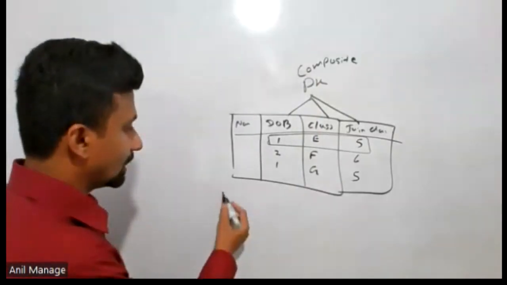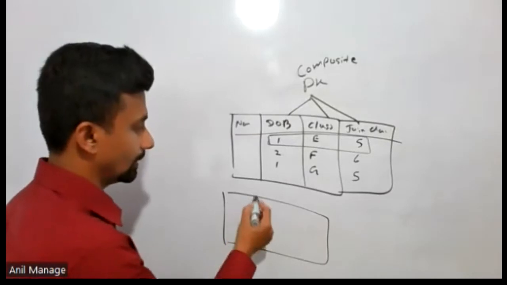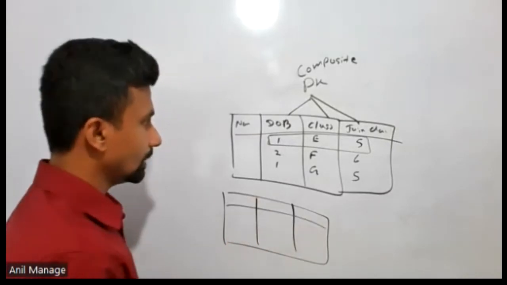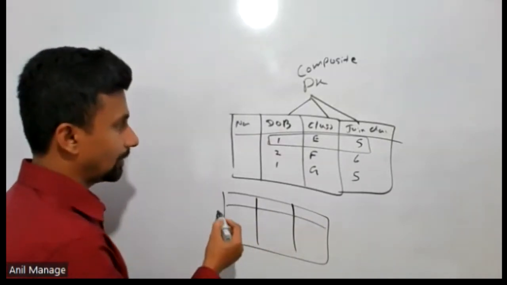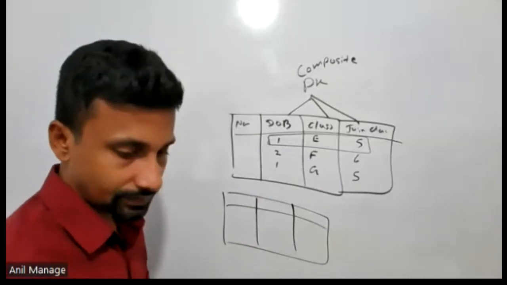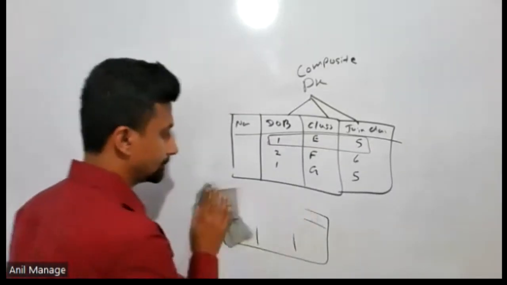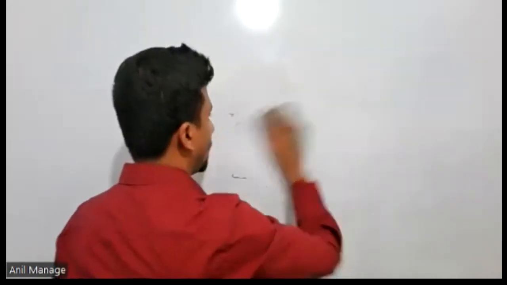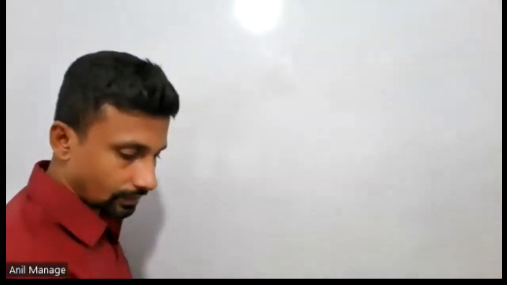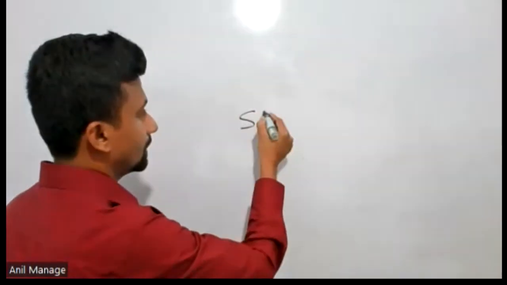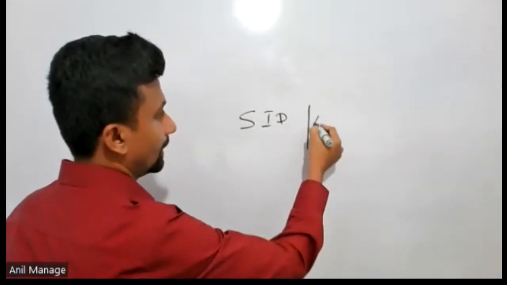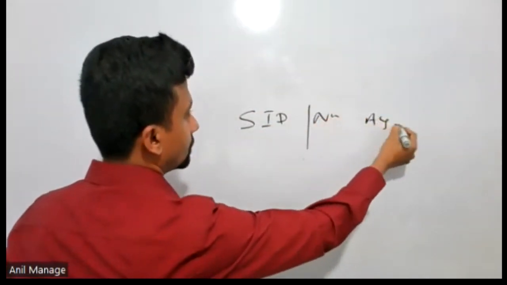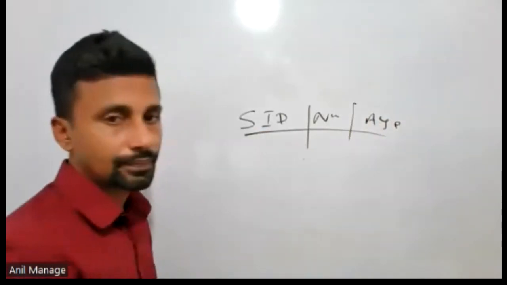Then if you have another table, and you are having the primary key, we'll take the example again. Now you have primary key, we'll take SID, name, age. This is a student table.